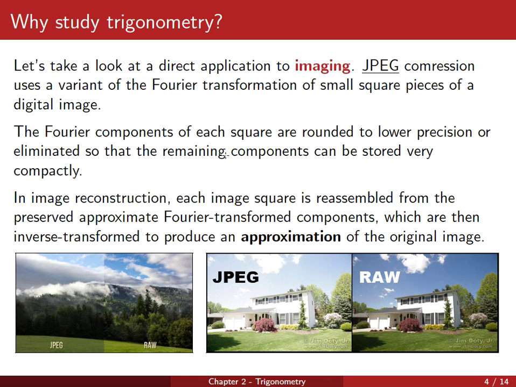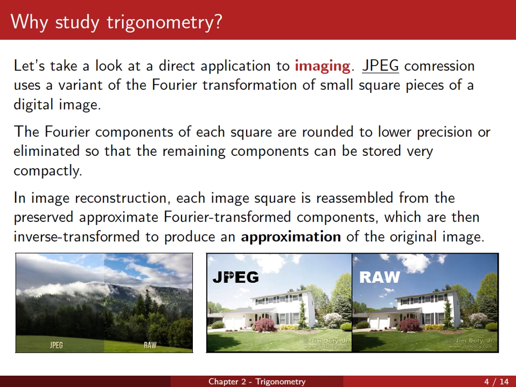How this works is using something called a Fourier transformation. You can read through this, and it gives you a qualitative understanding of how this works. But basically, a Fourier transformation is a combination of sine and cosine functions.